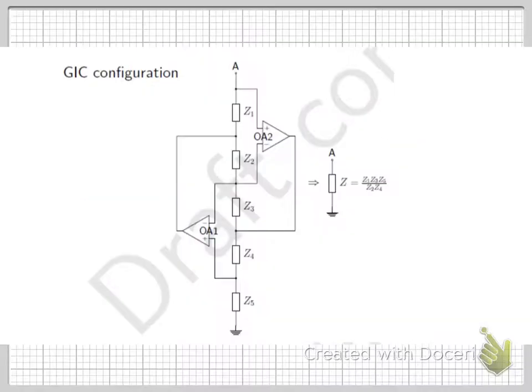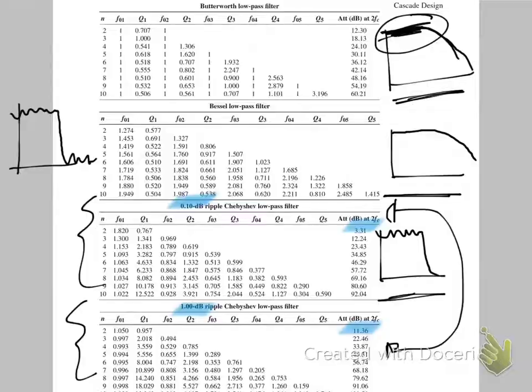Let's compare that to your Chebychev. Let's say you want to create a second order Chebychev 0.1 dB ripple at a cutoff of 100 kilohertz. So you would say F is equal to FO of the table multiplied by your FC, which is your 100 kilohertz. Here we see that this is 1.820.